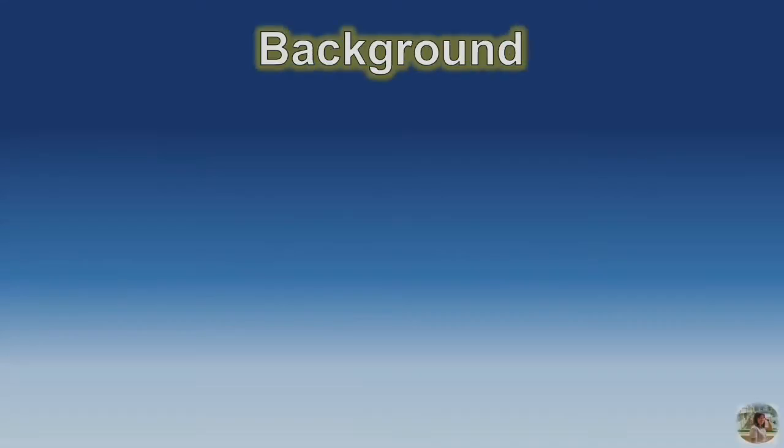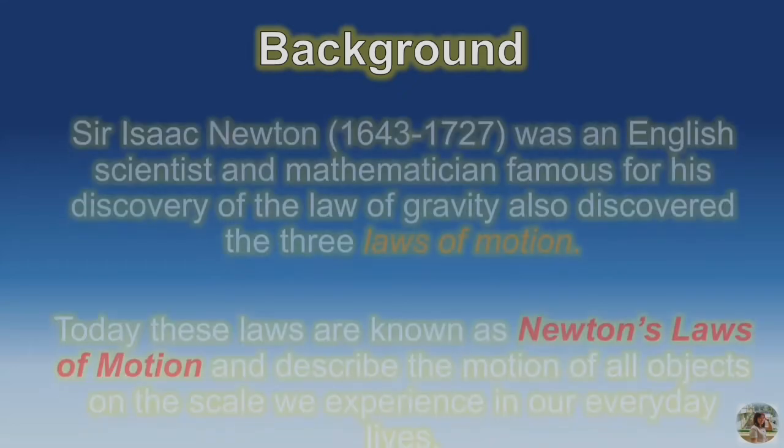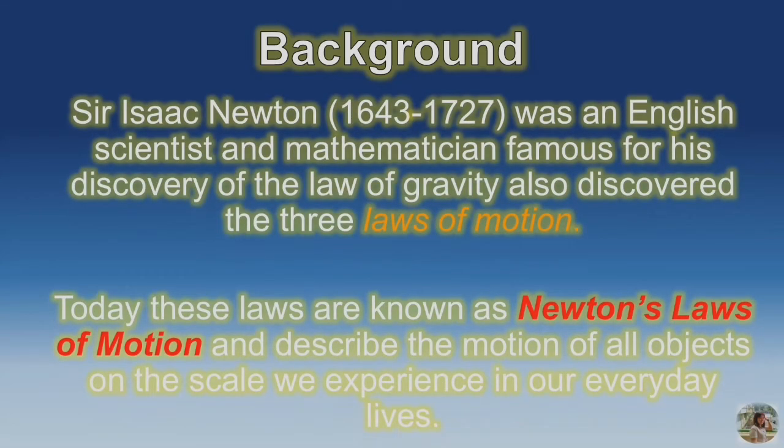To give you a short background about the laws of motion, Sir Isaac Newton was an English scientist and mathematician famous for his discovery of the law of gravity as well as the 3 laws of motion. Today, these laws are known as Newton's laws of motion and describe the motion of all objects on the scale we experience in our everyday lives.